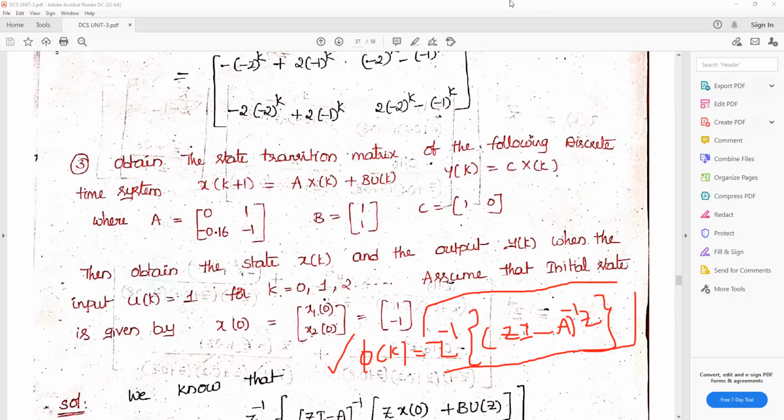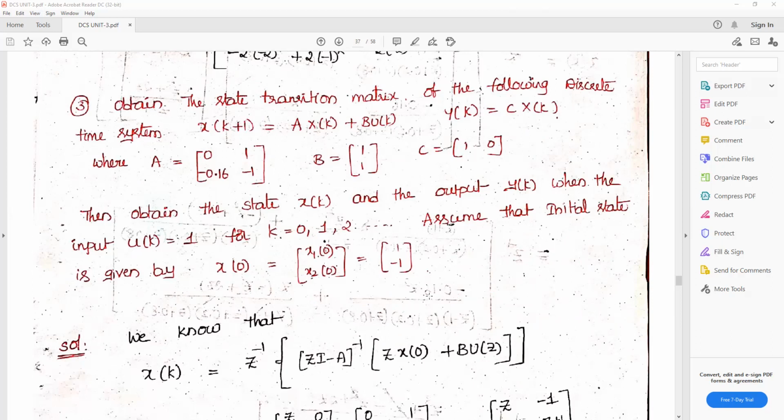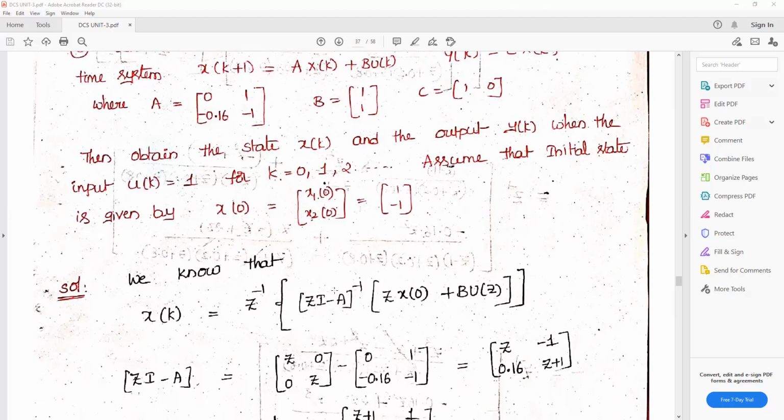So when calculating the state transition matrix, phi of k is z inverse of (zI minus A) whole inverse into z. So this is the formula of the state transition matrix.